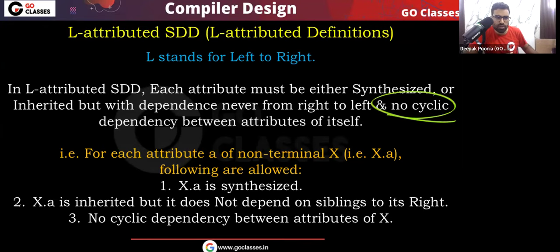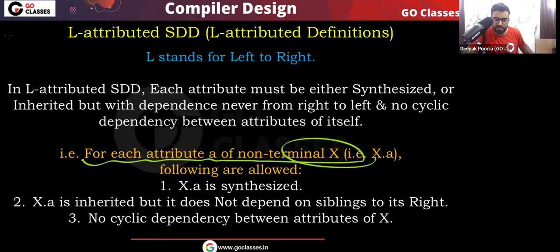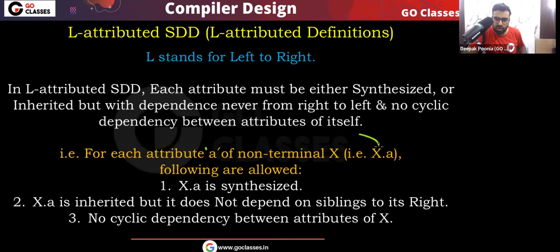And remember, there should be no cyclic dependency between attributes of itself, between your own attributes. If you have, let's assume, two or more attributes, then between your own attributes there should be no cyclic dependency. This cycle-type dependency should not be there. Very simple. So you can read this: for each attribute a of a non-terminal X, the following are allowed.